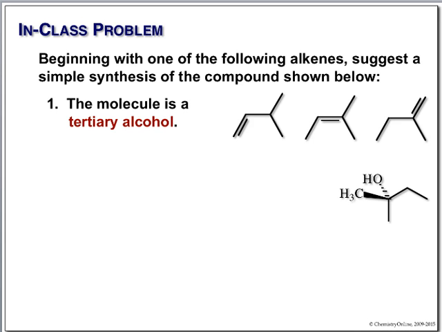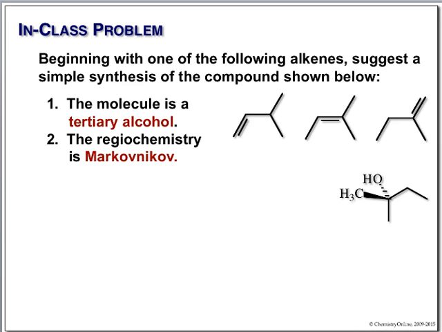The hydroxyl group is bonded to the tertiary carbon. That carbon would be the most stable carbocation. So this is Markovnikov. We're going to do this either by simple hydration or by using mercury(II) acetate, and then bisulfite to get rid of the mercury.